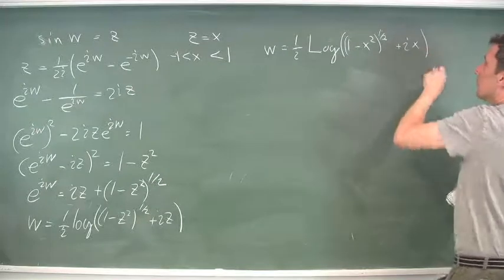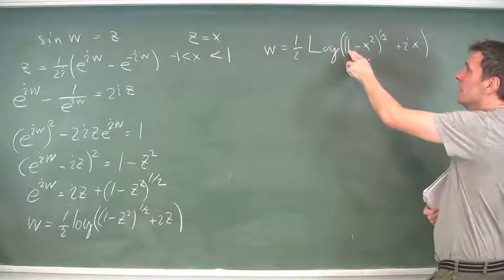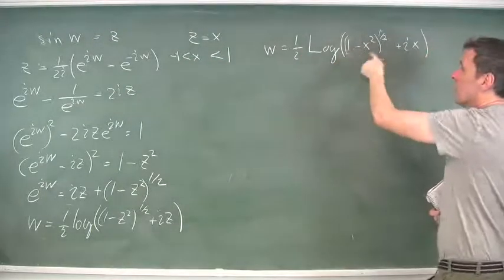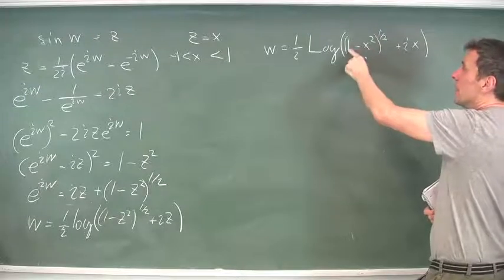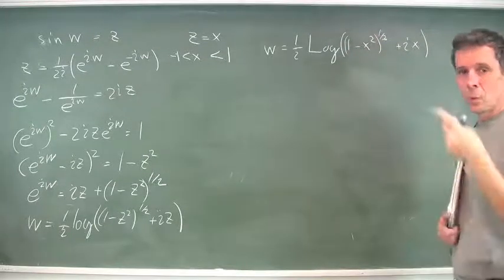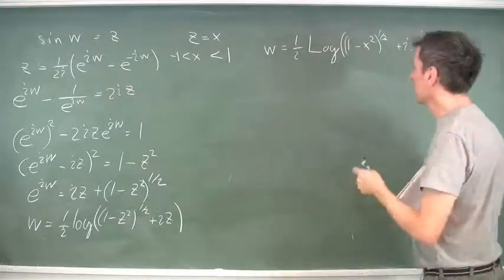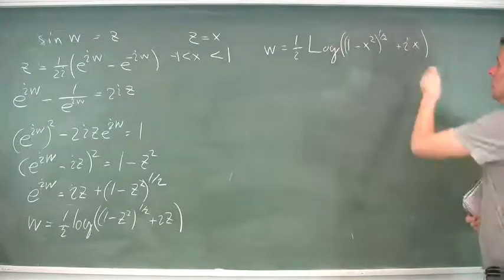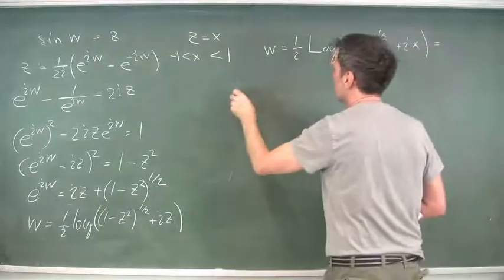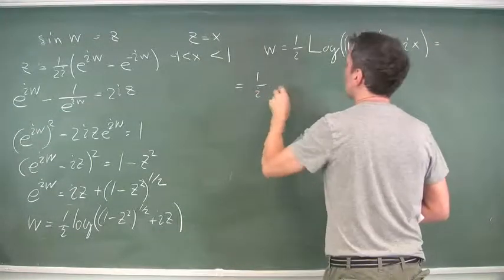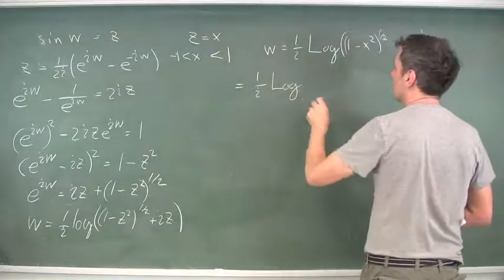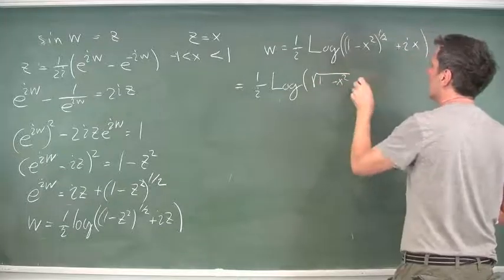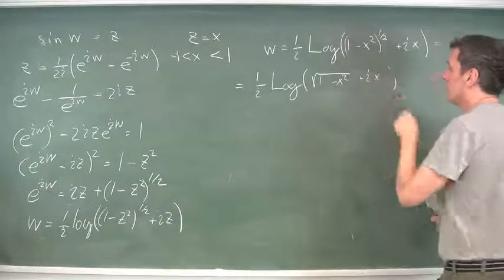And first we observe that for x in this interval, 1 minus x squared will be a positive real number. And if we take the principal logarithm of that, that will simply be the ordinary real logarithm. And this means that this square root will just be the usual square root, so we can actually write this as 1 over i times the principal logarithm of the square root of 1 minus x squared plus ix.